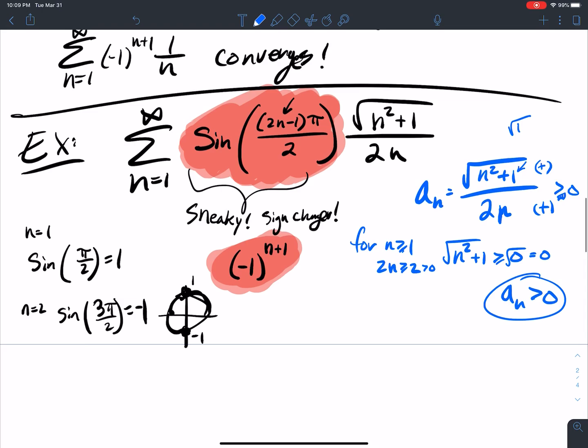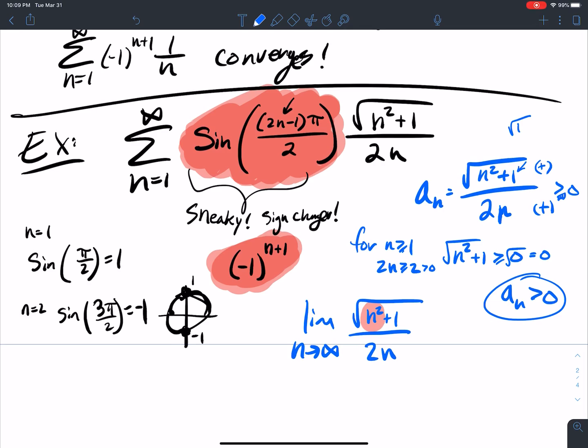Now what I want to do is take the limit as n goes to infinity of the square root of n squared plus 1 over 2n. All right, this could be a little challenging, okay? Now, intuitively, you might know what's going on here. In here, n squared is the dominant term. So really the 1 doesn't contribute too much at infinity.